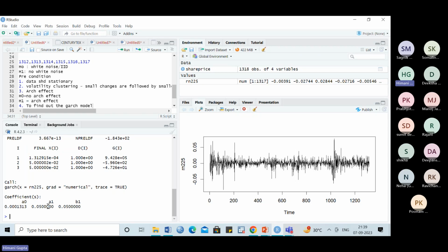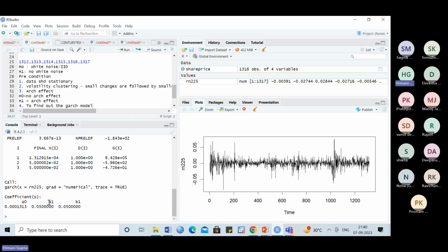Now, if you observe, the coefficients are A0, A1 and B1. A0 means your constant term, A1 means your ARCH term and B1 means your GARCH term. If you remember, yesterday I told you ARCH was developed by Robert Engle and GARCH was developed by Bollerslev, and Bollerslev is a student of Robert Engle. So just to give regard, the teacher comes first and the student is next to him.